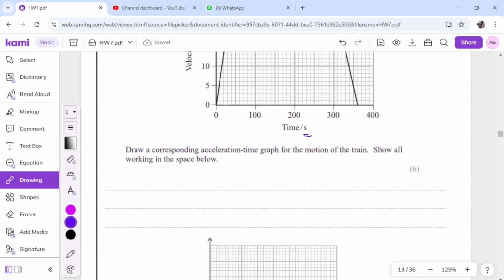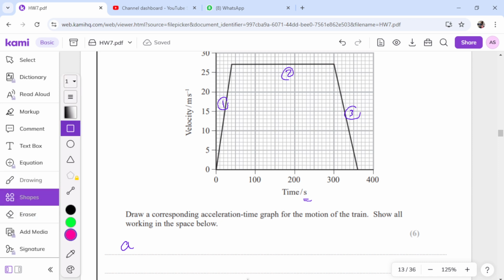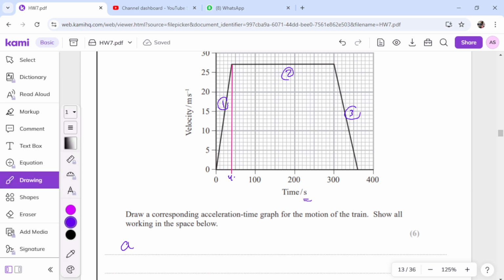I will draw here. First we have to know the acceleration. We have three types of acceleration, in part 1, part 2 and part 3. First I will find the acceleration for part 1, which starts from 0 until here. So what is the time here? The time is 40. So I will find the acceleration from 0 to 40, equal to v minus u over t.